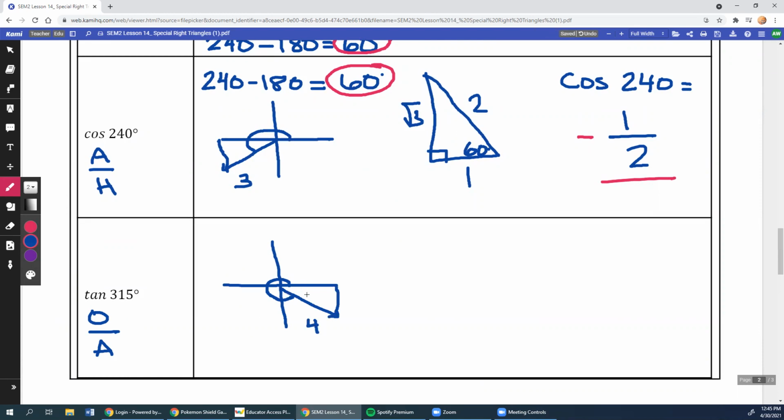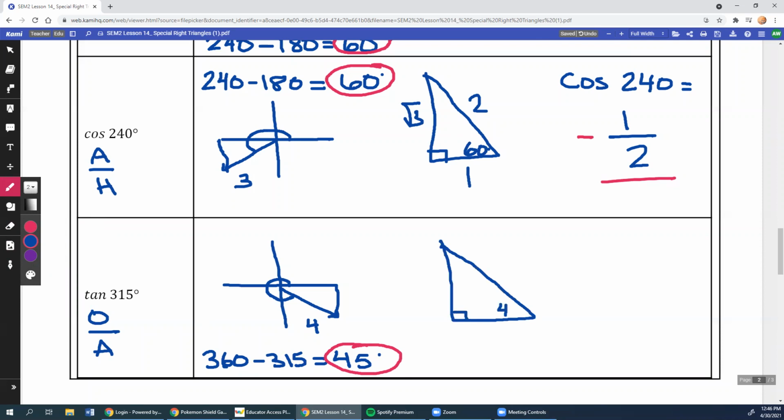So for our reference angle, we're going to do 360 minus 315, and that is 45 degrees. So our reference angle is 45, meaning we're going to use our 45 right triangle. Here we go. 45. Remember, both our legs are 1. Hypotenuse is square root 2.